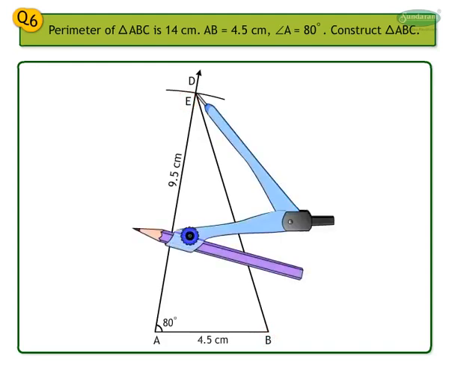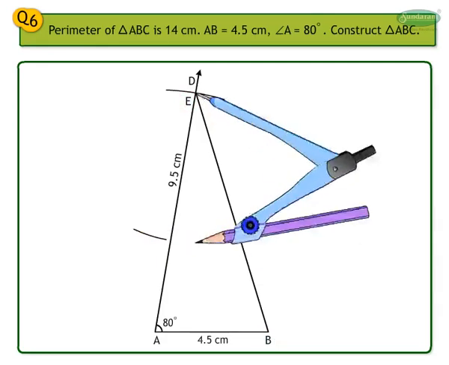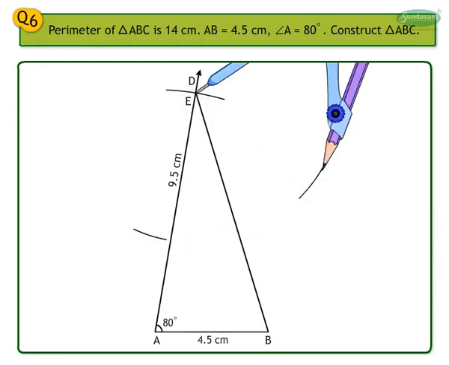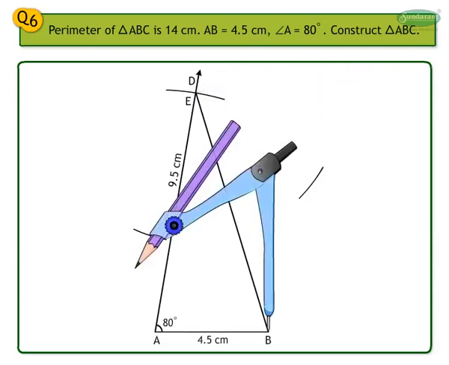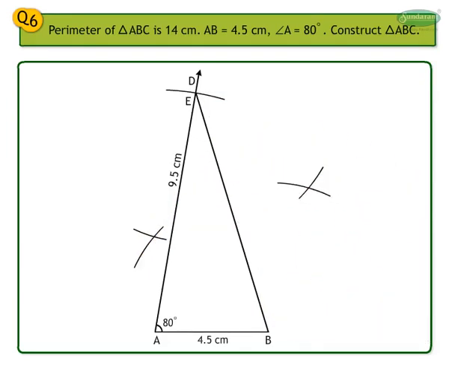Take E as center and with radius more than half the length of EB, draw two arcs to the left and right of segment EB. Similarly, with B as center and the same radius, draw two arcs intersecting the previous arcs.